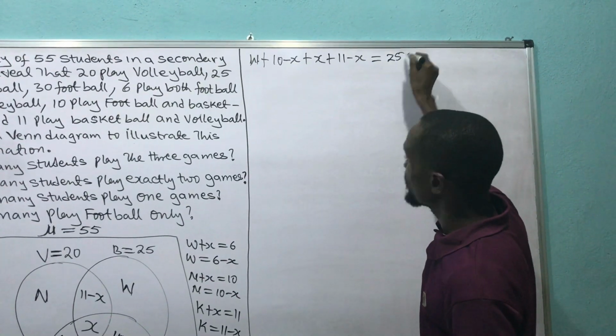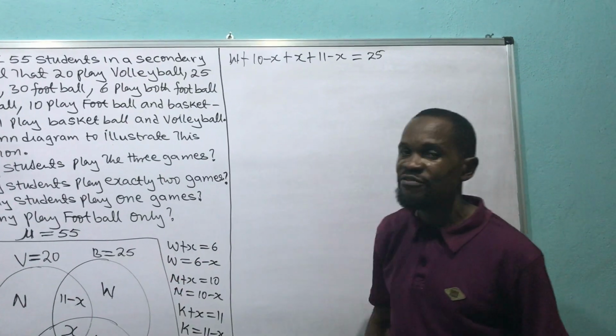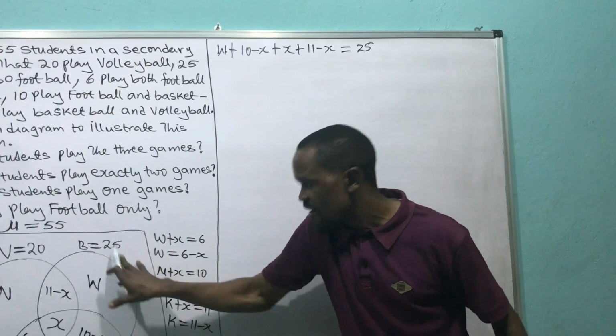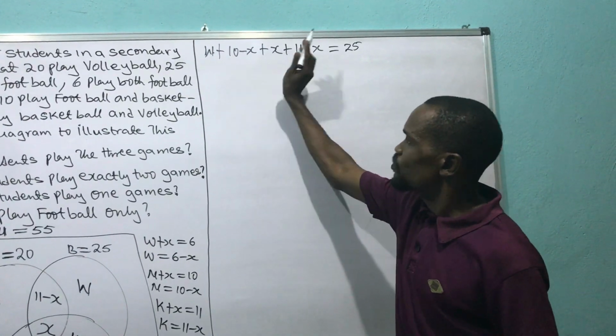I'm talking about people in this circle. They are all equal to 25. Then now, I know that minus X plus X, they are gone.